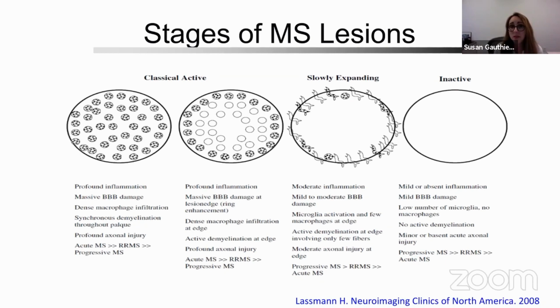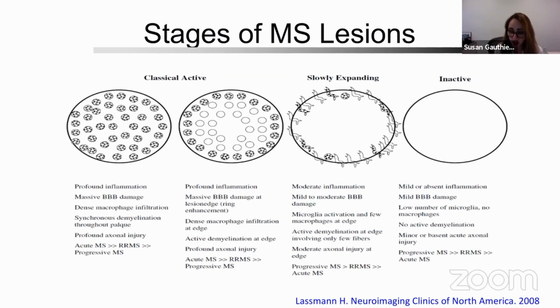And it wasn't until probably the last 5 years or so that people really started to pay attention to the chronic lesion. Histopathology studies, mostly postmortem, have demonstrated that there are actually two different subtypes of chronic lesions.